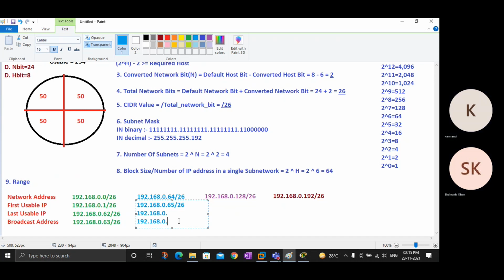The last one will be 60... 63. No, it cannot go backwards. 63 was already assigned to the first network block, the first subnet. This is the second subnet, then the third subnet, then we have the fourth one.